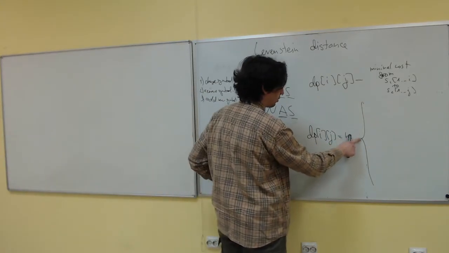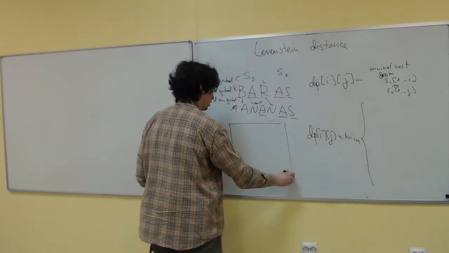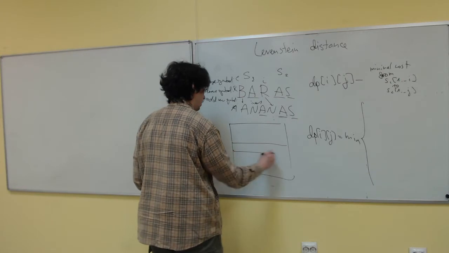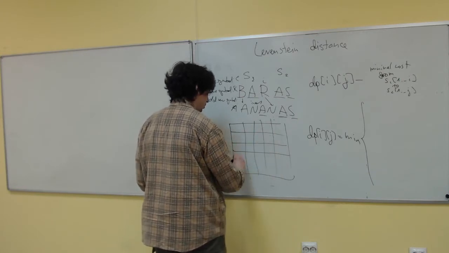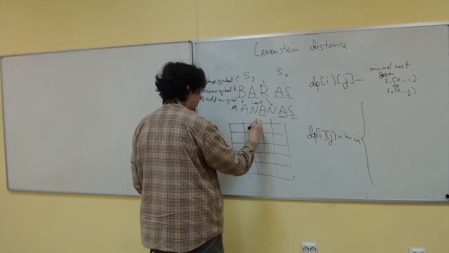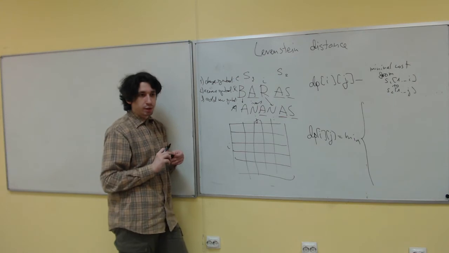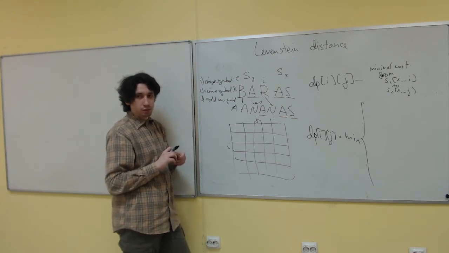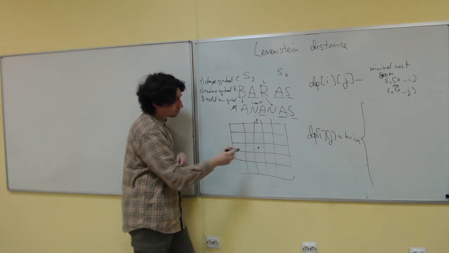So what will be the recalculation? Again, we have this rectangular matrix, and we want to calculate the answer at ij. So what are the conditions here? Well, I guess maybe it's all the same as we had the previous time.